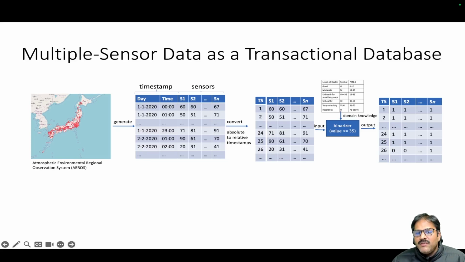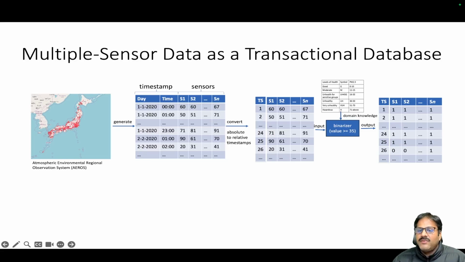So we simply use a binarizer function that takes the data frame as an input and converts it into a binary data frame using the threshold value of greater than or equal to 35.